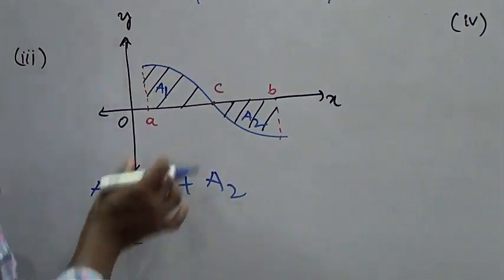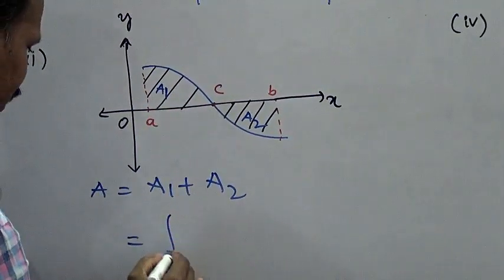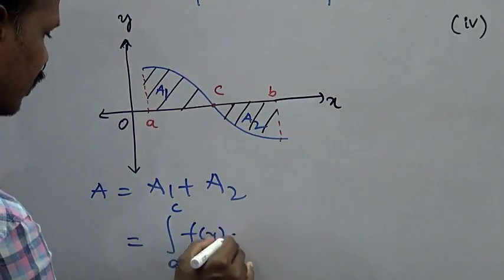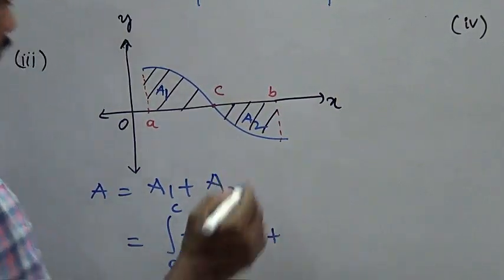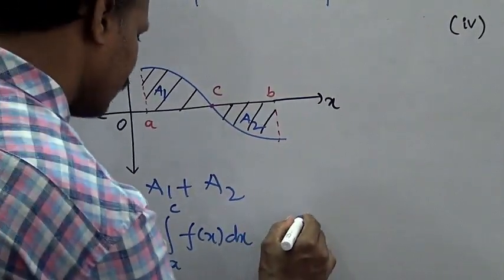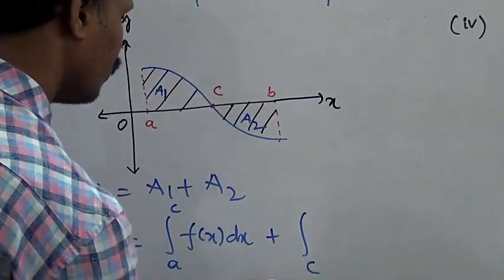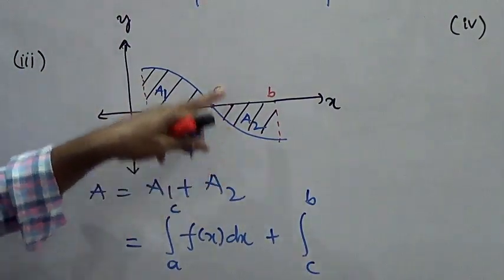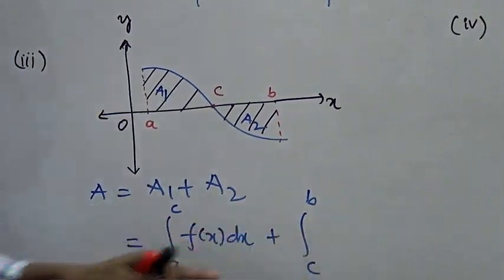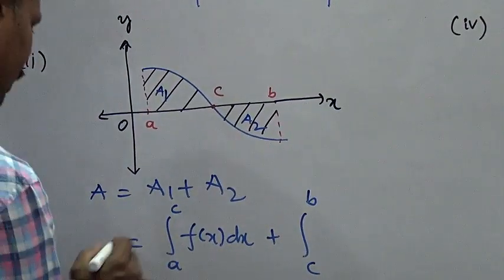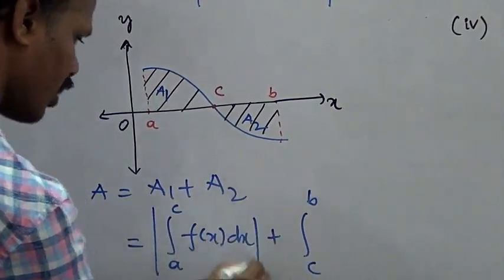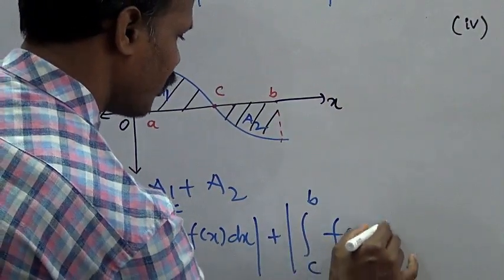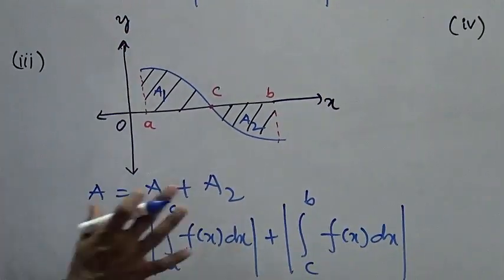That is the integral from a to c of f of x dx plus the integral from c to b, which is below the x-axis, so you have to write minus f of x. But without loss of generality, we write modulus for this and this also, modulus of f of x dx. Then this is positive, this is positive.